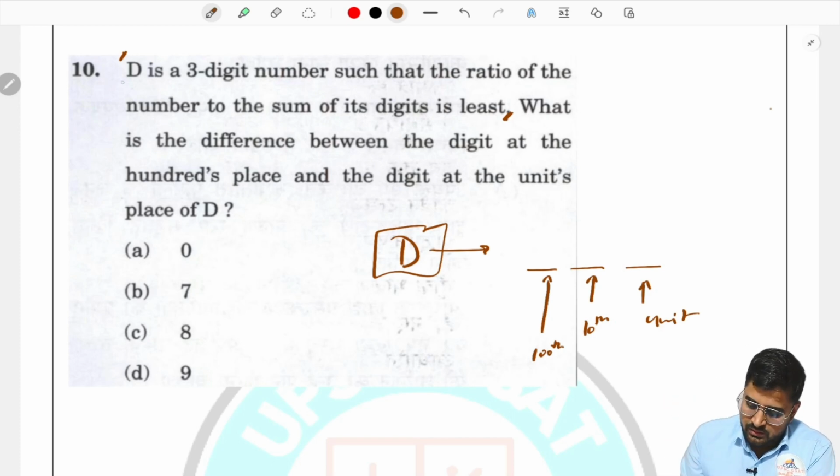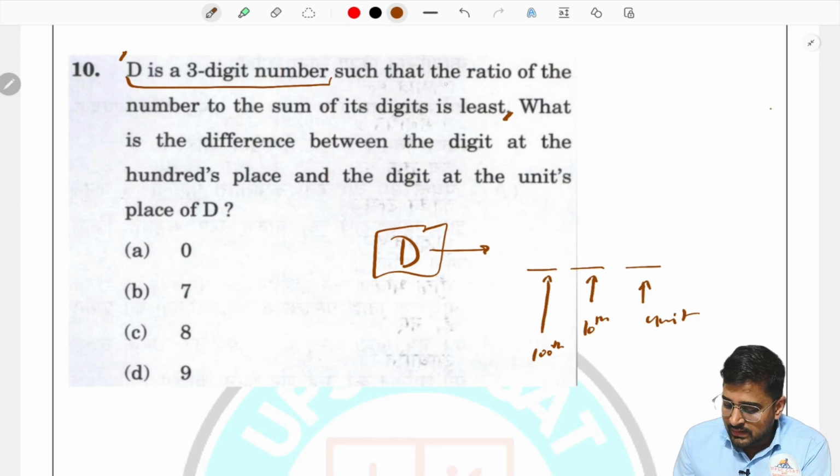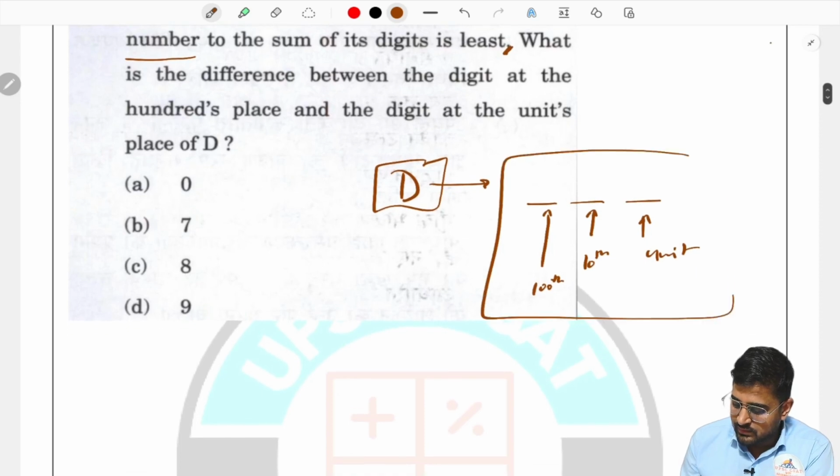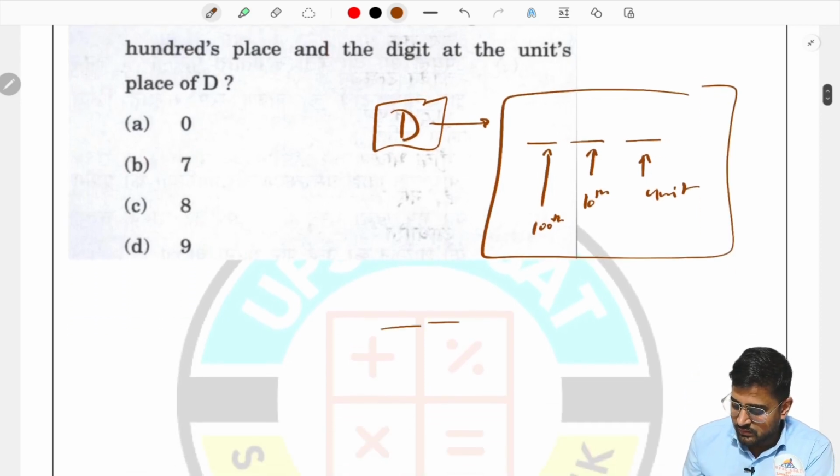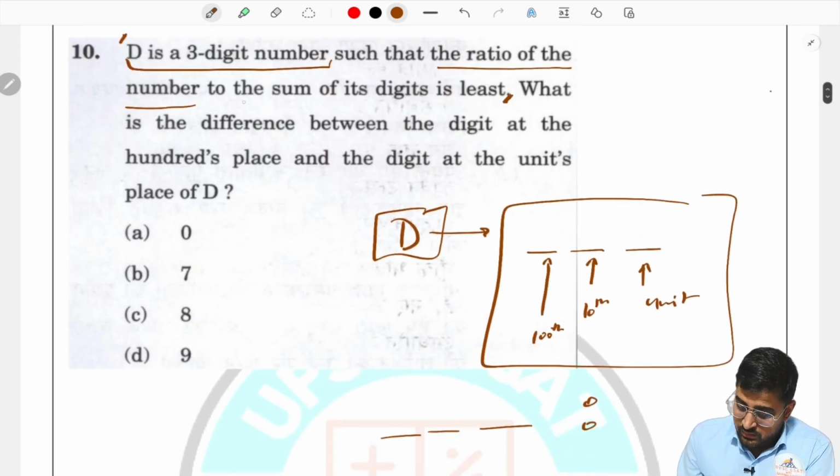Now in the next line they say the ratio of the number. Ratio of the number means this only, ratio of the number to the sum of its digits is least.